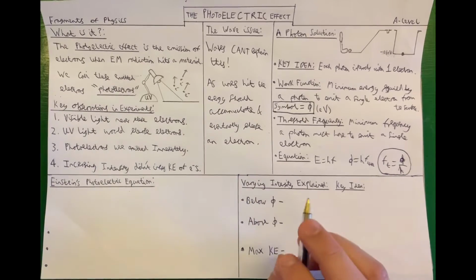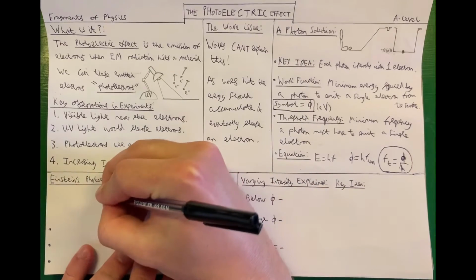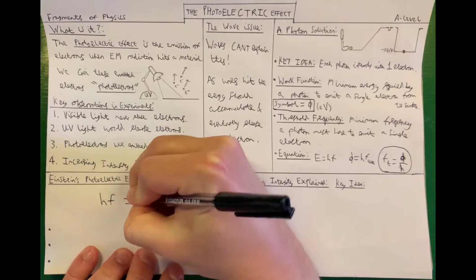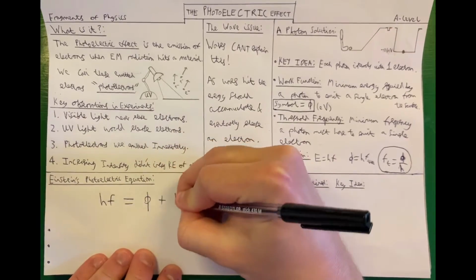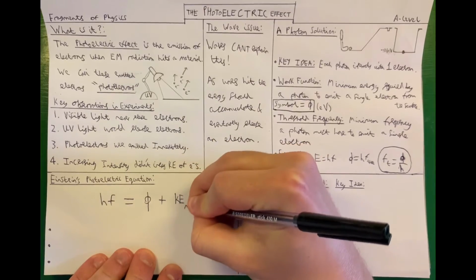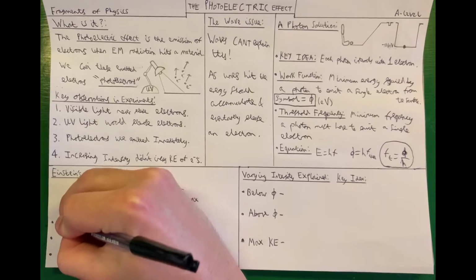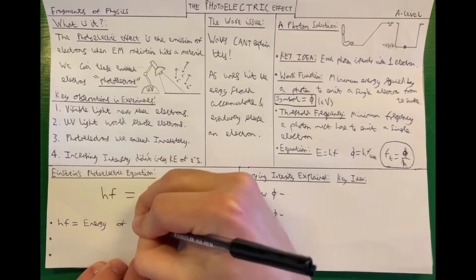So Einstein extended this further, and he came up with a very important equation, his photoelectric equation, which was to say that hf, the energy of the photon coming in, equals theta, the work function, plus the maximum kinetic energy. And we're going to talk about what each of these means. hf is the energy of the inbound photon.